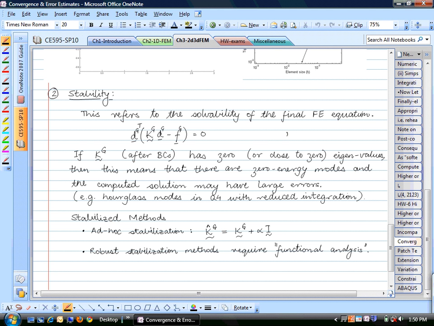So let's say kappa is the condition number of a matrix K. This is nothing but the maximum eigenvalue divided by the minimum eigenvalue. For any matrix, if you calculate this quantity, it gives you a measure of the conditioning of this equation.